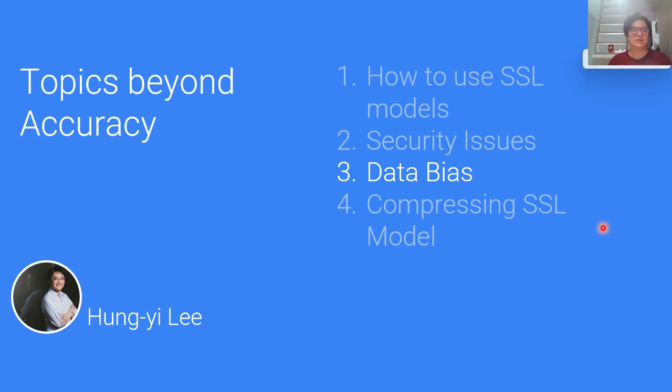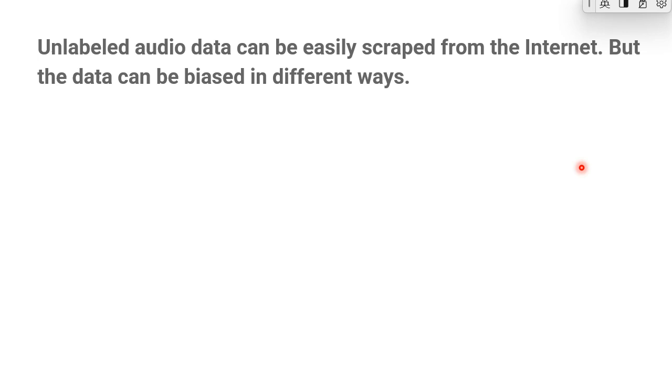And we want to know the influence of data bias on self-supervised models. The self-supervised model is trained from unlabeled audio data. Unlabeled audio data can be easily collected from the internet. However, if the collection process is automatic, then the data can be biased in different ways.